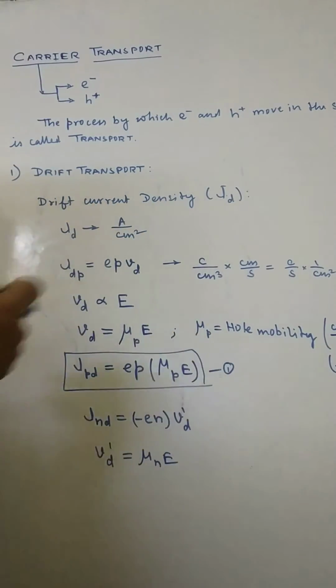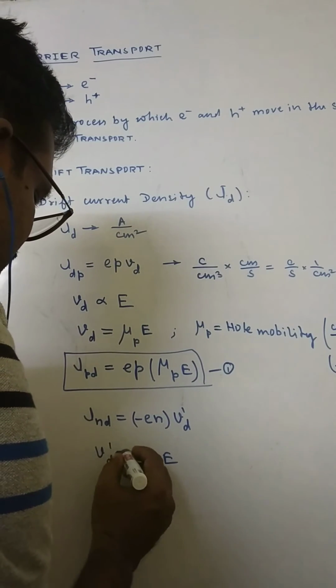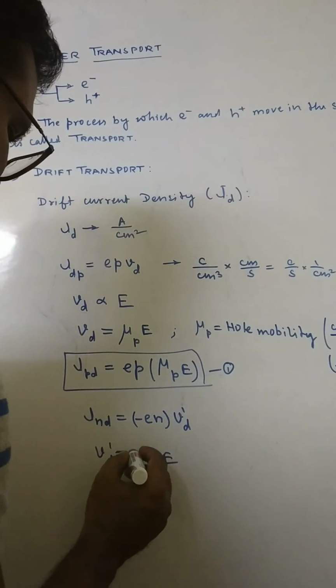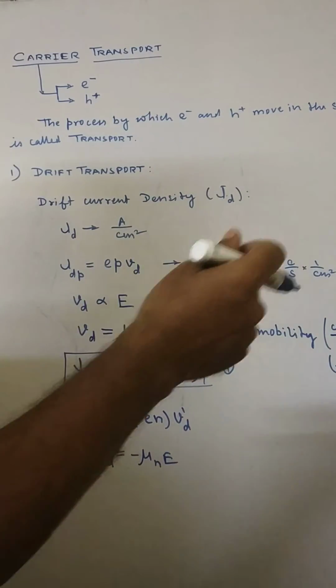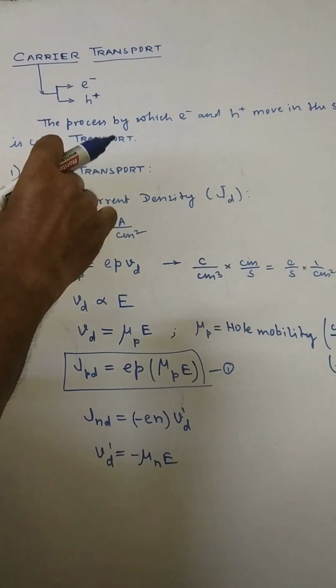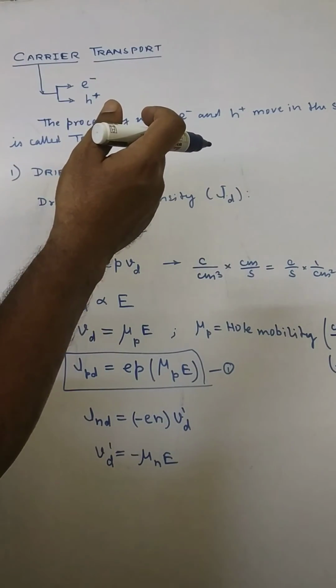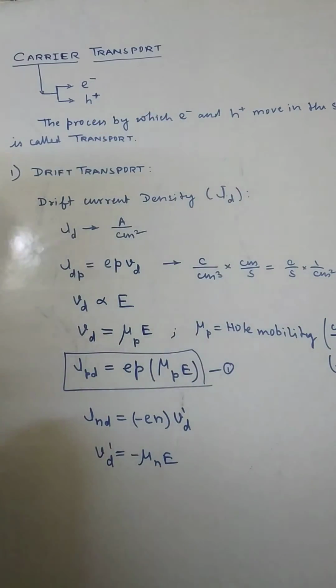It will actually be negative. Why? Because the motion of the electron is opposite to the direction of the electric field. The electric field is from positive to negative, and the electron is attracted towards the positive side, so it moves in the opposite direction.